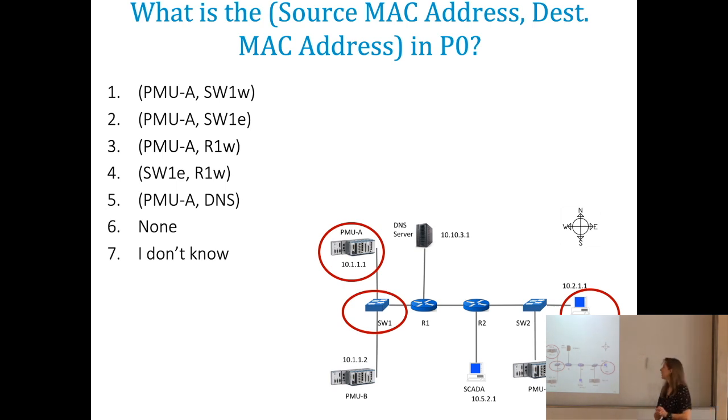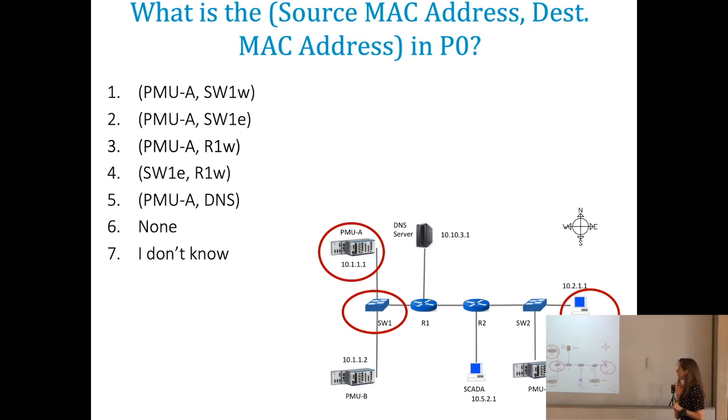Okay, one answer. And who thinks that the source should be the switch and the endpoint should be the router? No one. And what about the source MAC address of PMUA and destination MAC address of the DNS?